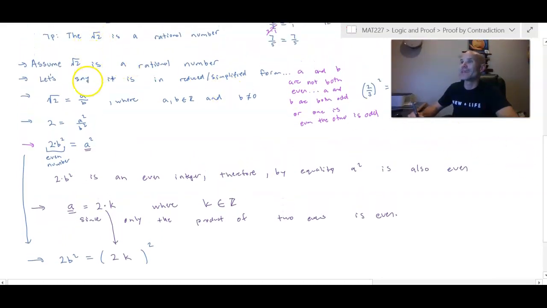We said let's make sure that the rational number that we're claiming the square root of 2 is already in reduced simplified form. And if it is, then there's no common factor between the numerator and denominator. The only way that could happen is either they're both odd numbers in the numerator and denominator, or one of them's even and one of them's odd. Because if they're both even, again, we could factor out a 2.